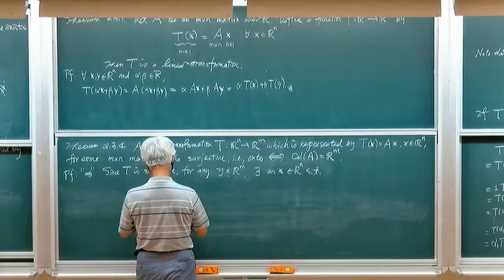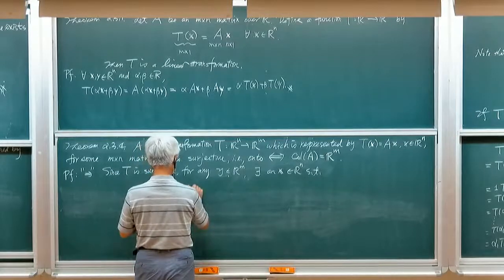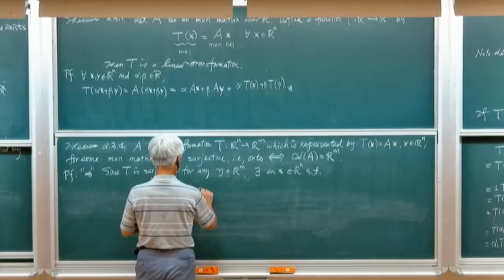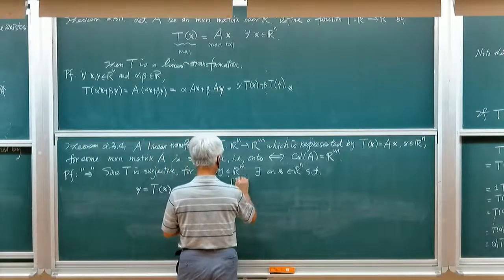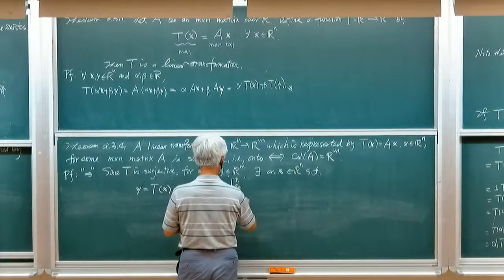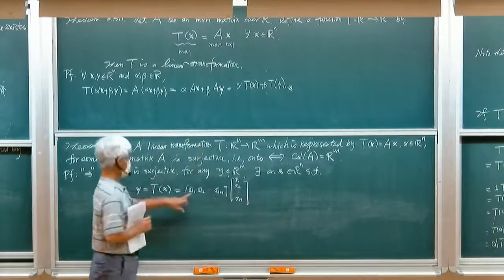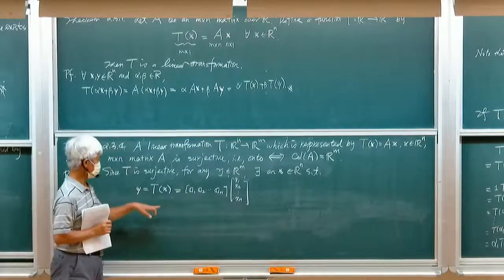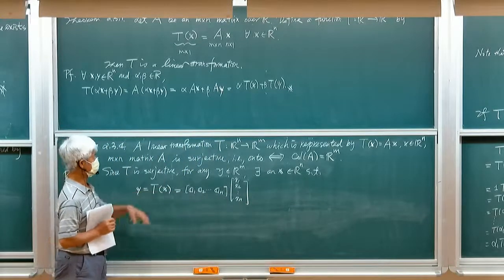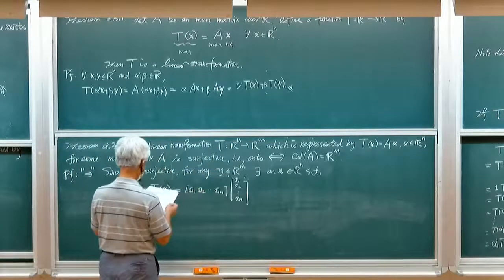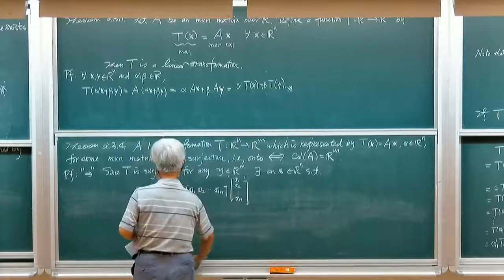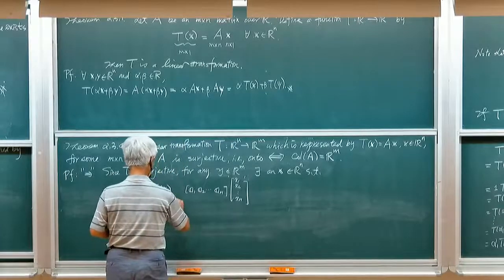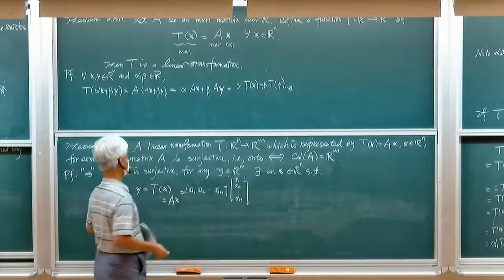And so, with A1, A2, up to An, and x1, x2, these A1, A2, An are all columns of matrix A. Well, maybe too fast. This is Ax, right? And this is equal to that.